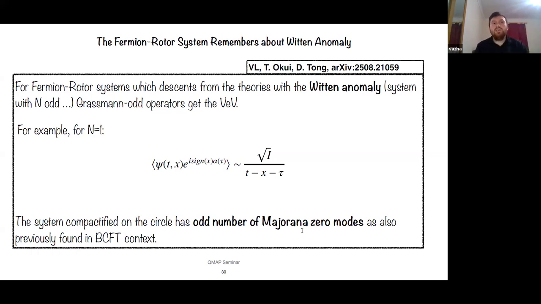But now let's say this SO(2) has Witten anomaly. Let's say it has an odd number of doublets. Then in these cases, you can always find that in the corresponding Fermion-Rotor system, a Grassmann odd operator will get a vacuum expectation value.